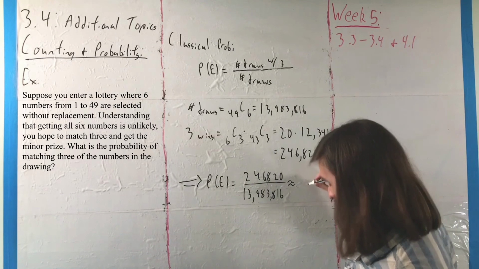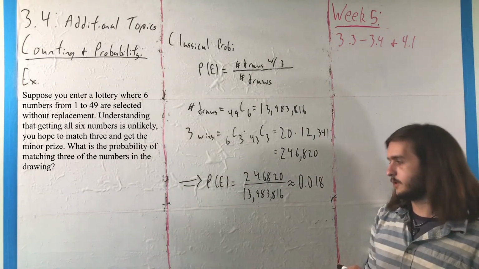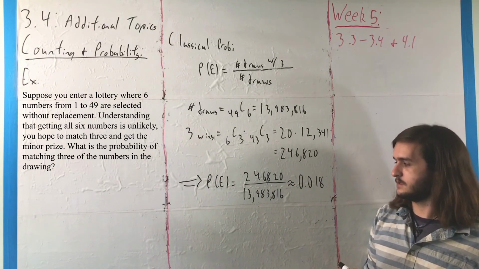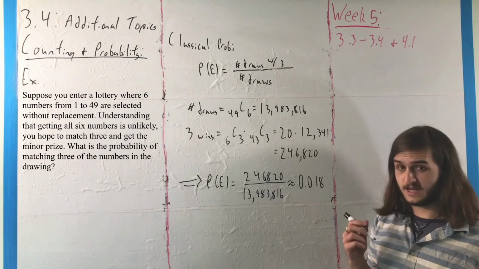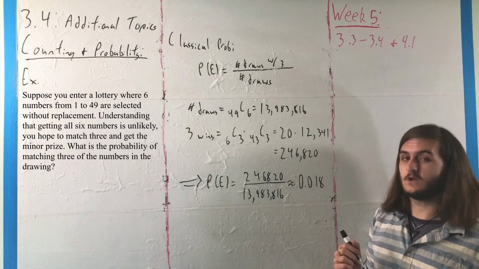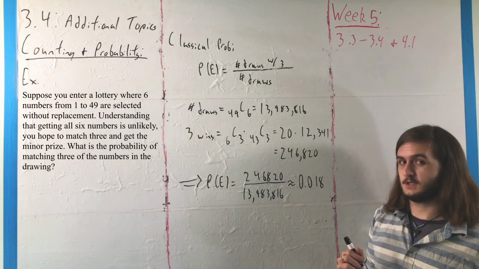And the probability here ends up being 0.018. That is less than a 2% chance of getting 3 out of 6. Which is to say, it's still a very, very unlikely proposition.